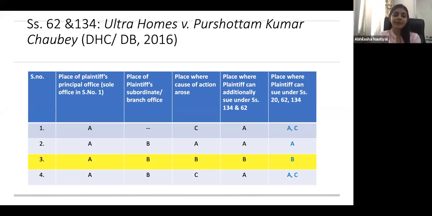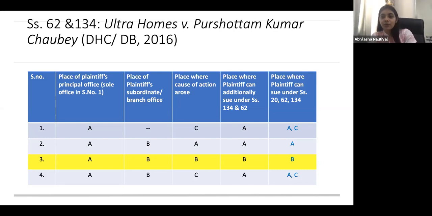And these are the examples quoted in the judgment itself. Example number 3, which I've highlighted, is this. A is where the plaintiff has its principal office. Sole office. So we are saying this is a principal office where there could be multiple offices. B is where the plaintiff has a subordinate office, and where the cause of action has arisen is also B. So here you notice an overlap.